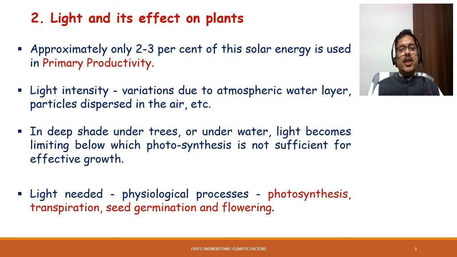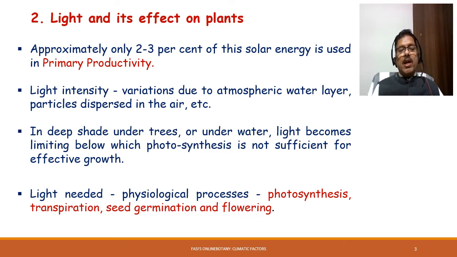Light intensity shows spatial variations due to factors like the atmosphere, water layer, particles dispersed in the air, etc. Vegetation of an area may also affect light intensity. In deep shade under trees or underwater, light becomes limiting, below which photosynthesis is not sufficient for effective growth of the plants.